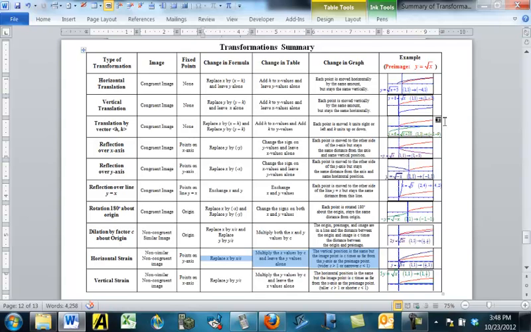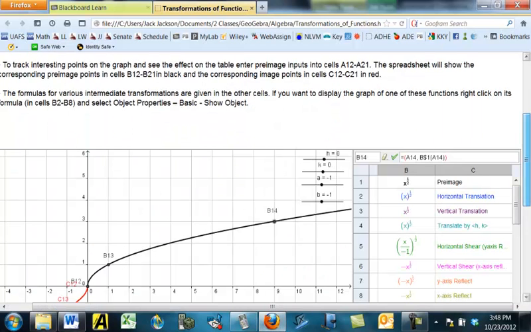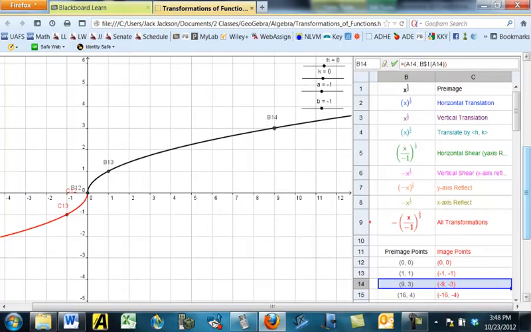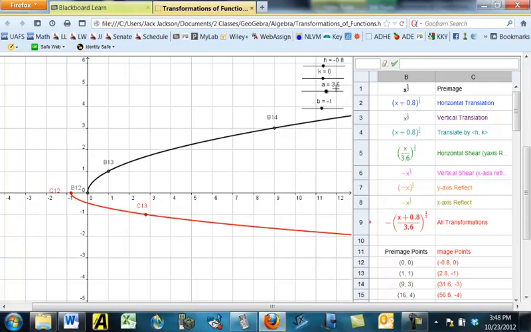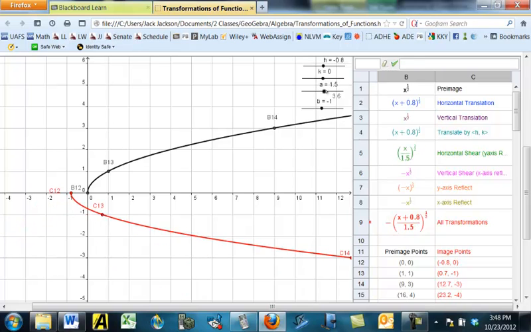Now let me finally finish up with just a couple more examples. And this last example down here on this GeoGebra thing, let's set everything back to the status quo, the identity transformation.